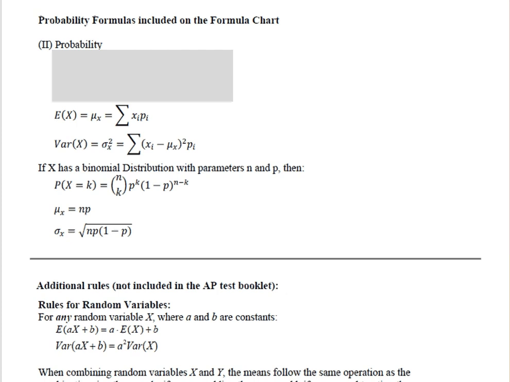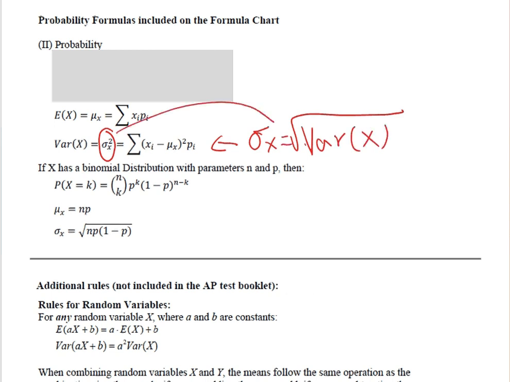While it doesn't often ask you for the variance, we can just find the standard deviation of x by taking the square root of the variance of x. Notice it tells you that in the formula, you just have to know that you need to take the square root. And then these are our probability formulas for binomial distributions.